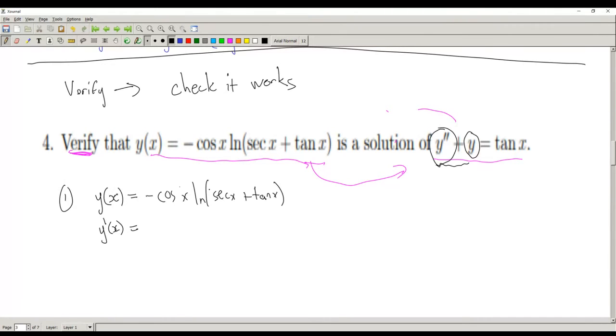I know it might feel a little tedious, but calculus can be fun. So we're going to do chain rule here. Let me put brackets there. This is our f, this is our g. So f prime g plus g prime f, we will come out with sine of x.